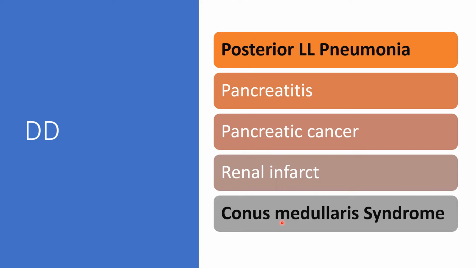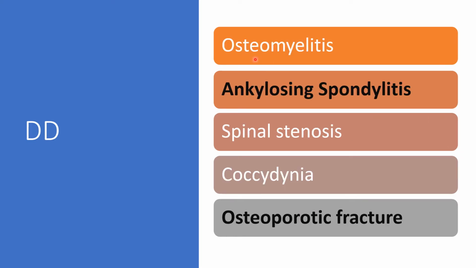In fact, medullary syndrome will present with very, very serious pain. It might be as a result of osteomyelitis or ankylosing spondylitis. I have a full presentation on ankylosing spondylitis already published. I will drop a link later on.